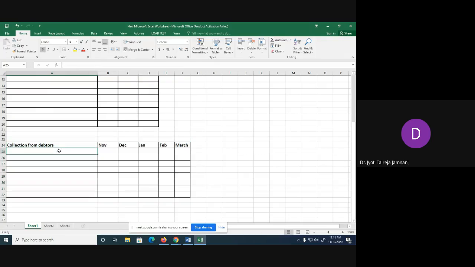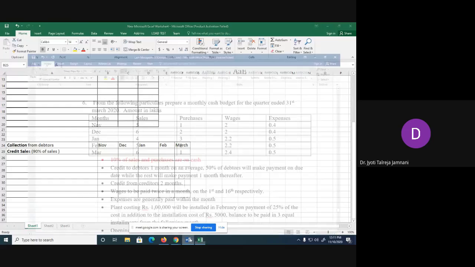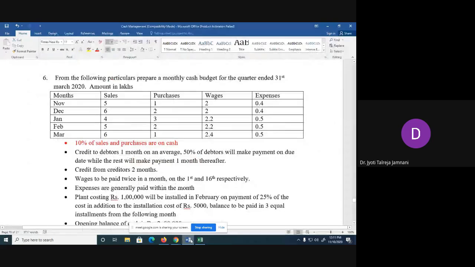Okay, so first we will have to write the credit sales value because cash sales we have already received. So the remaining 90%, which is credit sales, we'll still have to receive. So 90% of sales is the credit sales. So for November, the sales was 5 lakhs. So 5 lakhs, 90%, 0.9 is 4.5.